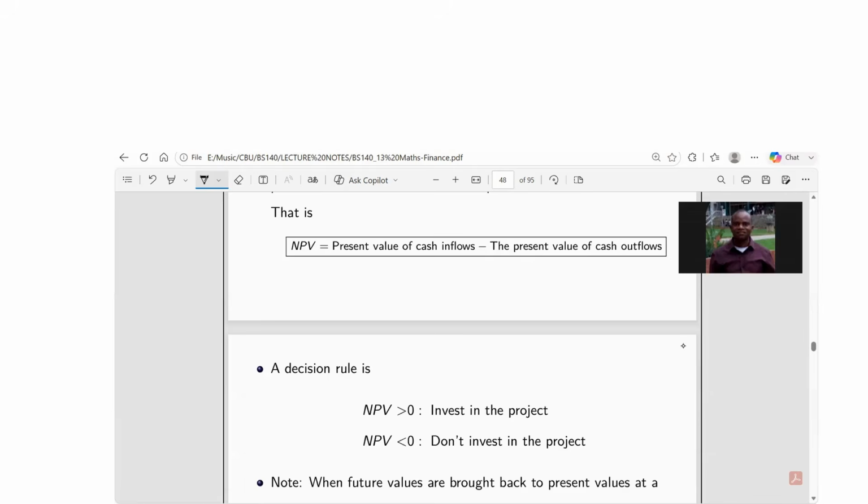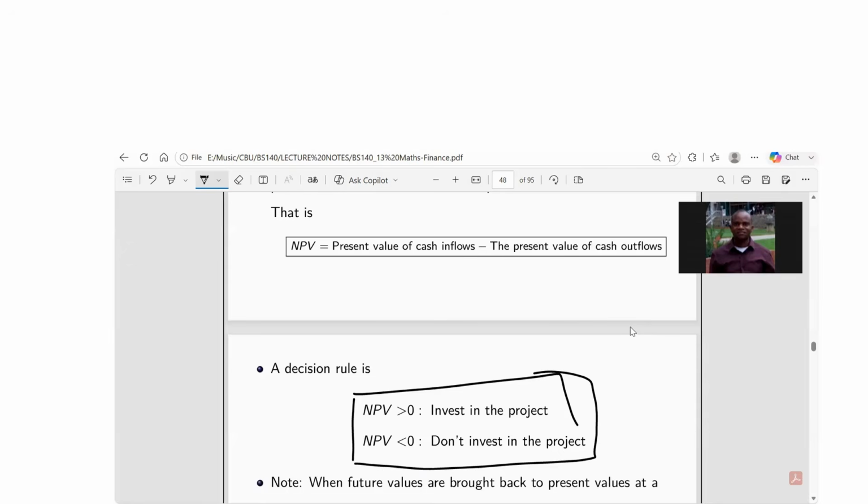At that point, it means that your business is making a profit. In that case, you need to invest in that project because it's going to give you a return. However, if the difference between the money outflow and the money inflow is negative, don't invest in that project because you're going to be making a loss.